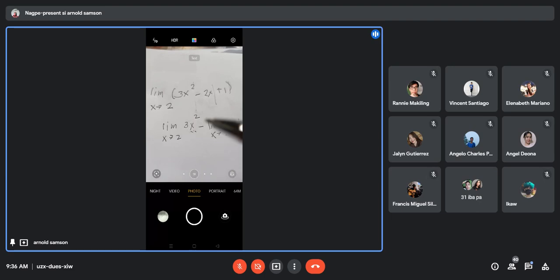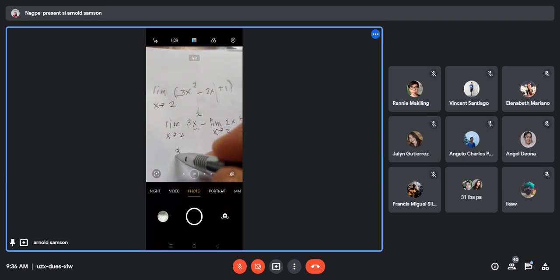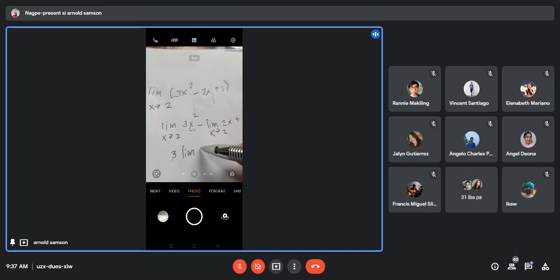Following the theorem, we get 3, which is c, times the limit of x squared. So the x squared falls under the exponent rule.